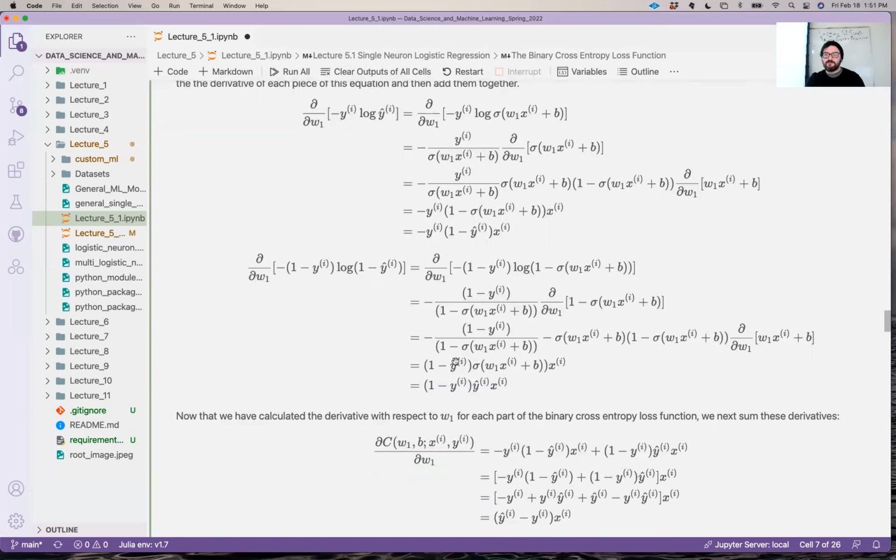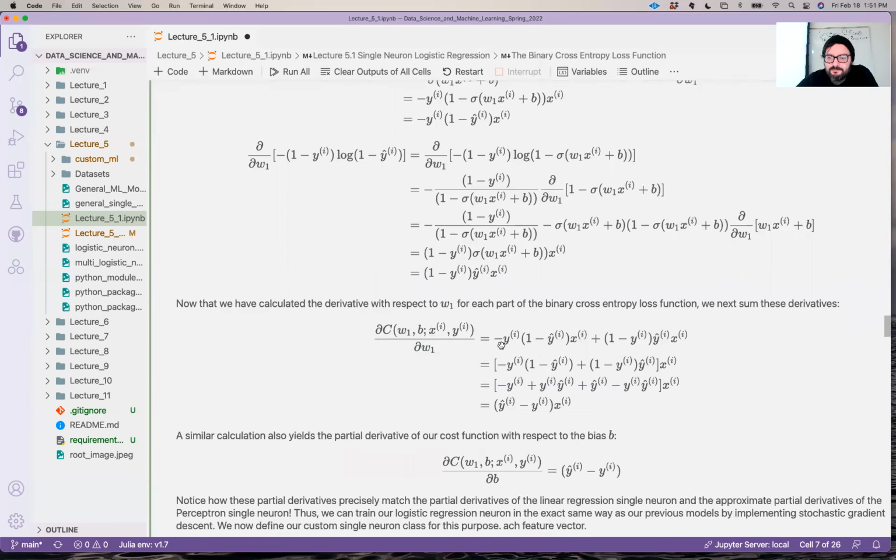Now all we have to do is add this piece, and that will be the derivative of the cost function with respect to W1, because again, the derivative is a linear map. So here's the first piece, now using the y hat notation again. Now we understand what that is. Here's the first piece plus the derivative of the second piece.